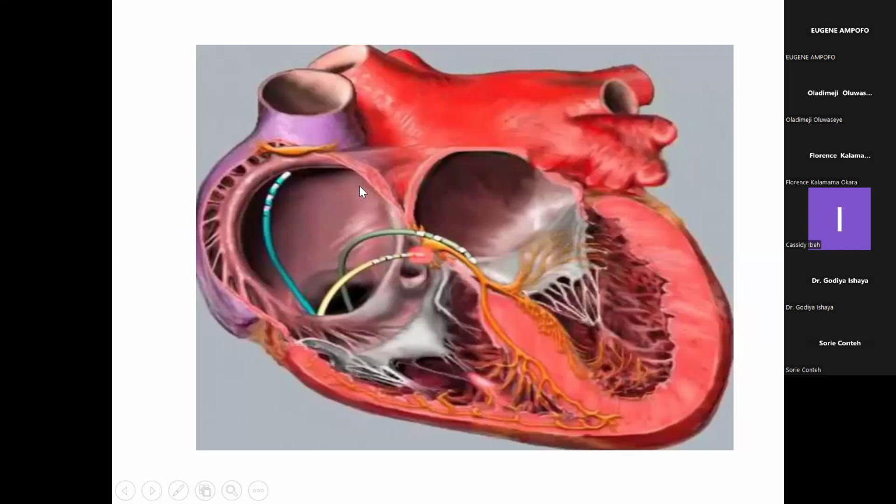Now, catheters can be placed in any other segment as you wish, in case you want to monitor activity there. For example, a patient with atrial flutter, and we know flutter activity can run through a circuit in the right atrium. You can put a circular catheter in the right atrium to monitor the wave pattern, whether it's a clockwise or anti-clockwise flutter.